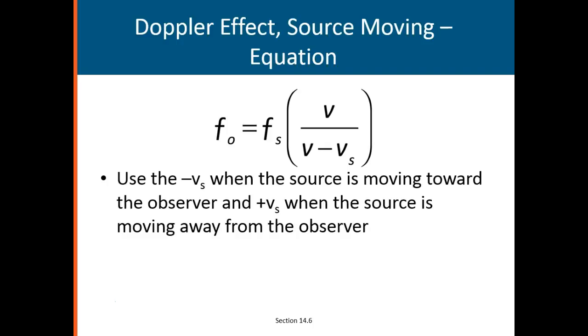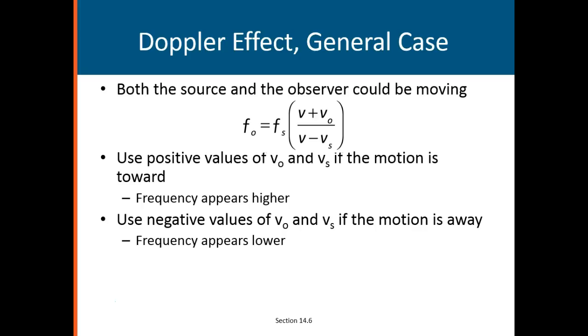Now, here's the general case. In this case, both the source and the observer could be moving. So in this general case, F sub O is the frequency the observer senses. F sub S is the frequency the sound is actually making.